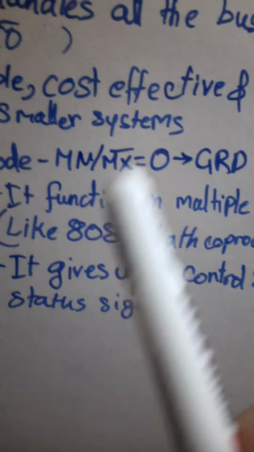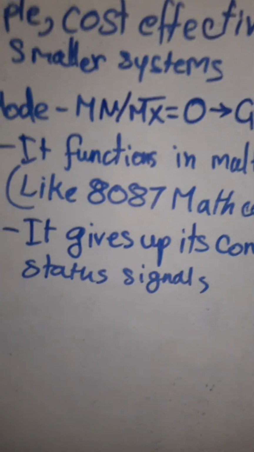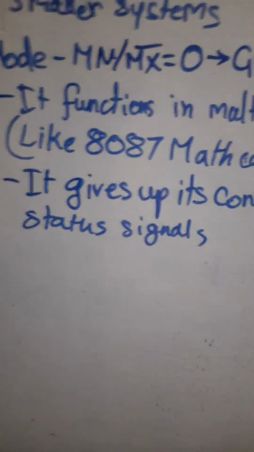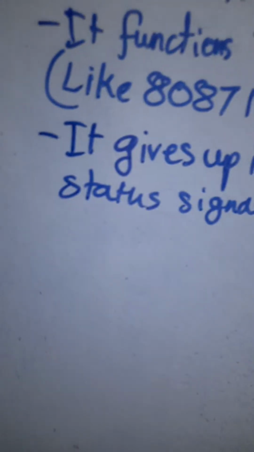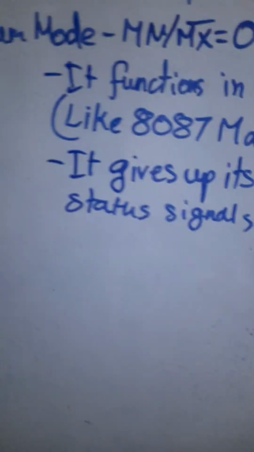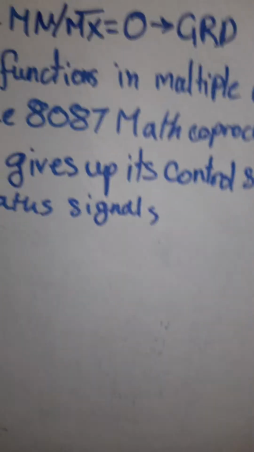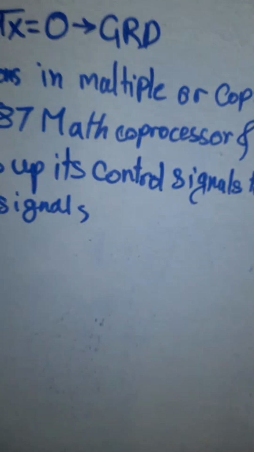So now our main 8086 processor doesn't need to do all that, because there are the math coprocessor and IO processor to handle their specific parts. To maintain consistency, it has to just update the status, like how the workflow is going, what checkpoint they have reached, so that other coprocessors can follow it and work in synchronization.